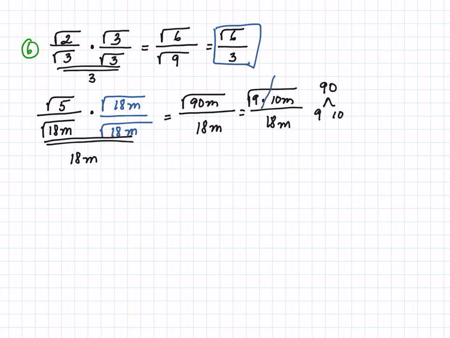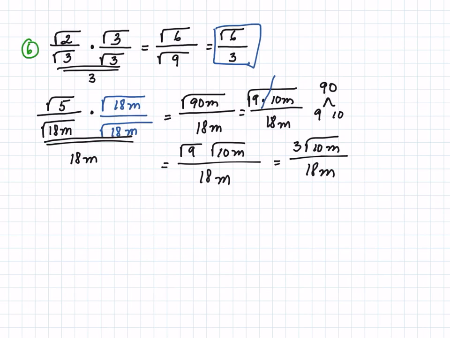Let me split that up: square root of 9 times square root of 10m. That gives me 3 radical 10m. Let me simplify further: this is divisible by 3, that's a 1, and that is a 6. So I should have radical 10m over 6m. Okay, let's try working on your homework.